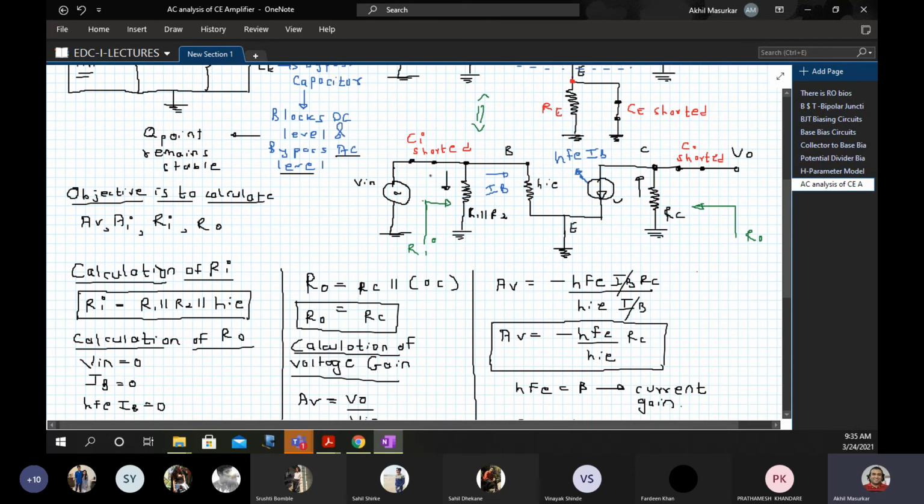The current flowing here will be the resistance in the other branch upon HIE plus R1 parallel to R2, into whatever is the input current. So this is II. II splits into two, I and IB.